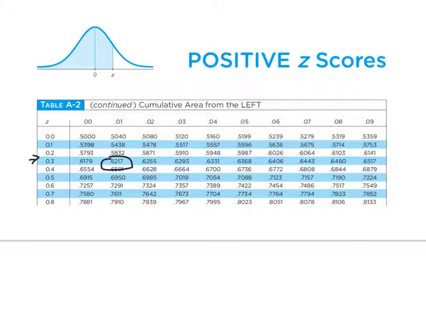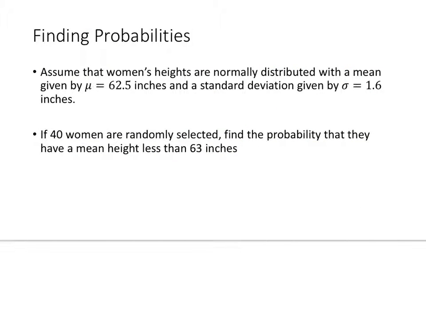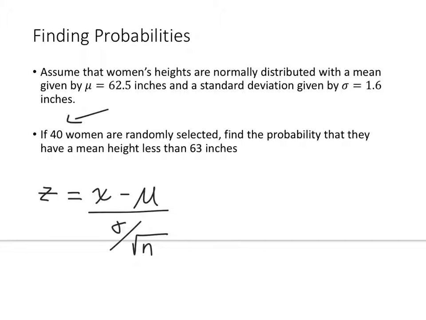All right, so moving right along to the next part, this is the same example. Now it says 40 women are selected. The only thing that actually changes is that when you have a sample size, your formula changes a little bit, because now we take the standard deviation and divide it by the square root of our sample size.